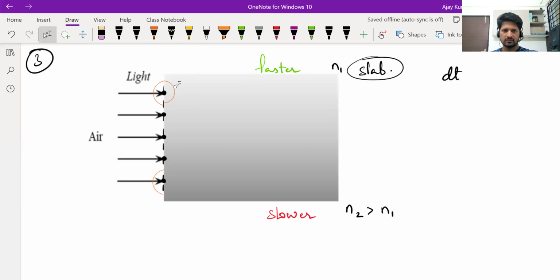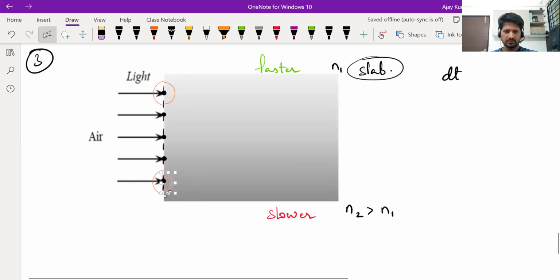Okay, let's take it like this. Yeah, it expands more. But not as much as it expands to the left, that is in air. It doesn't expand as much as it expands in air. But inside the slab, it expands to a greater distance compared to the distance to which the last wavelet expands.